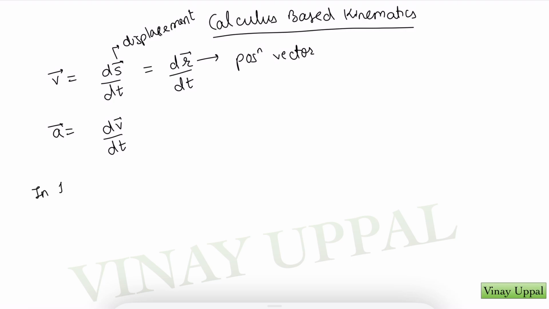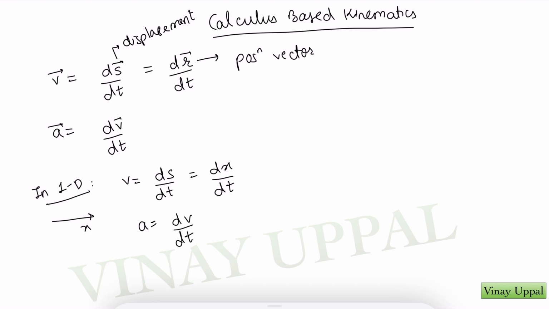In one dimension, I can just write v is ds by dt. If it's along the x-axis, then I can just write it as dx by dt, and I can write my acceleration as dv by dt. So all of this is along the i cap direction in this particular example of motion being along the x-axis.